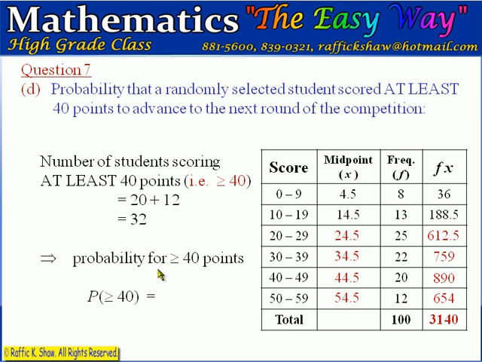The probability of randomly selecting a student who scored 40 or more points, that is greater than or equal to 40 points, would be equal to 32 students, because 32 students scored 40 or more points out of the 100, and so that probability is 32 divided by 100, which is 0.32, and that's the answer for part D.